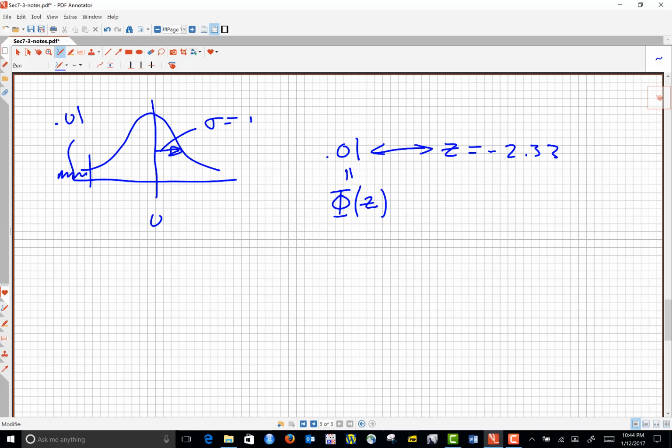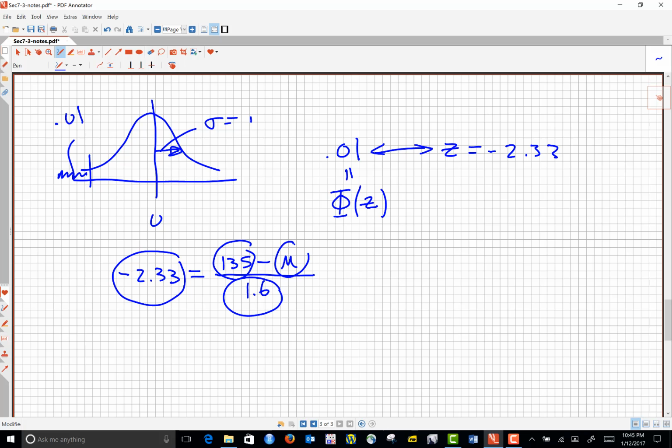So what I can do is say that I want minus 2.33 to be equal to 135, that's the label weight of the jars, minus a mean, over this 1.6. So what I've got is an x, a z that came from a probability, a sigma, and I'm solving here for mu.